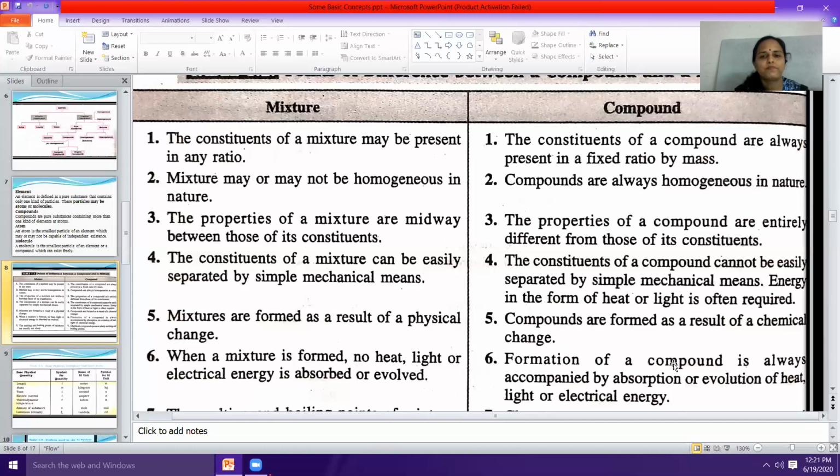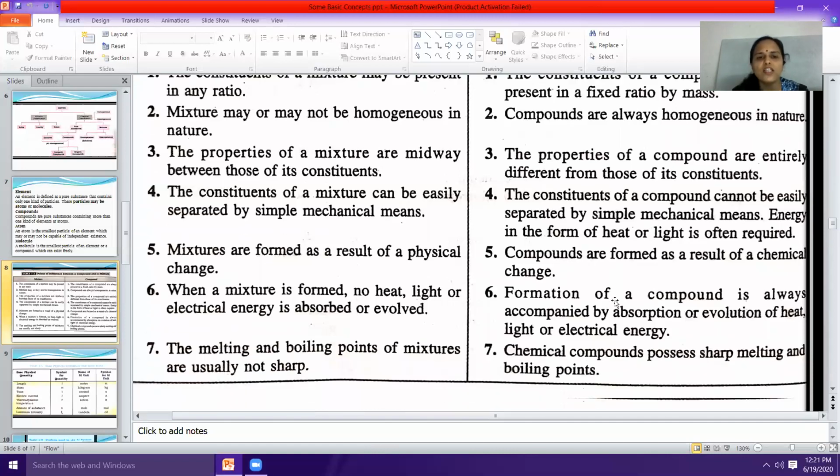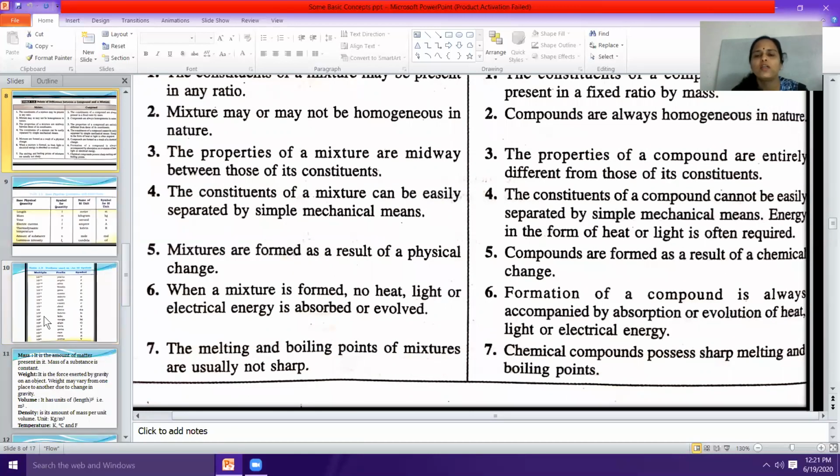Next, mixture. Mixtures are formed as a result of physical change, whereas compounds are formed as a result of chemical change. When a mixture is formed, no heat, light, or electrical energy is absorbed or evolved, whereas formation of a compound is always accompanied by absorption or evolution of heat, light, or electrical energy.